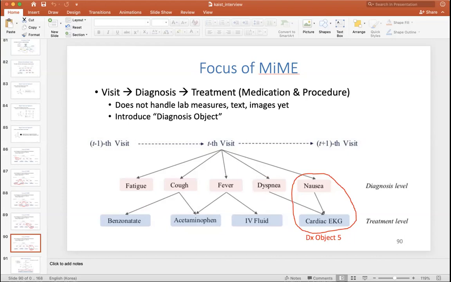But now a visit can be seen as a set of diagnosis objects, because here there were 1, 2, 3, 4, 5 diagnosis objects. So a visit is a combination of diagnosis objects. Within the diagnosis object, there's a diagnosis code and the following procedure or medication codes. So a single diagnosis object consists of a main character diagnosis and the following treatments.